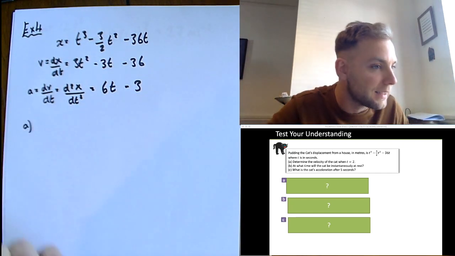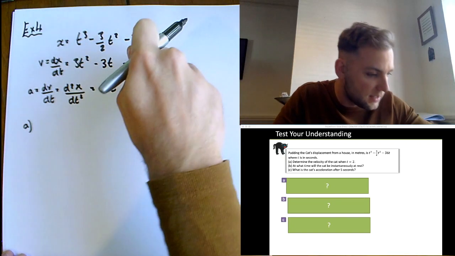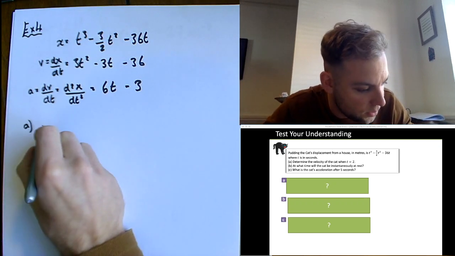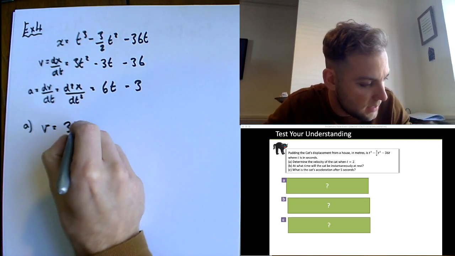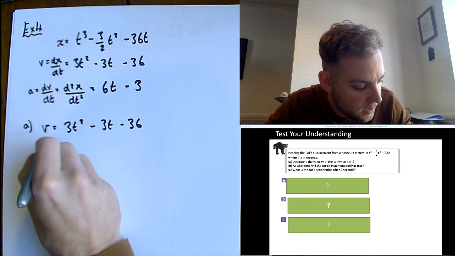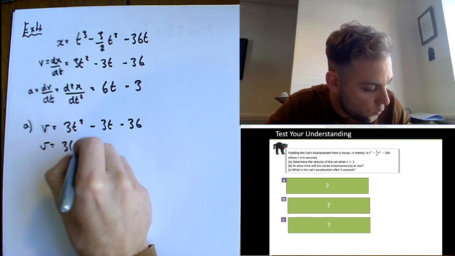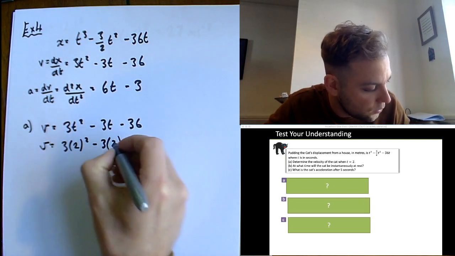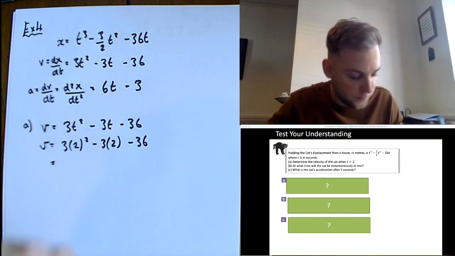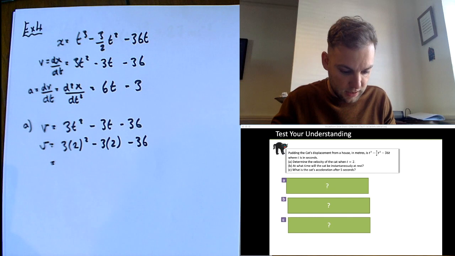Part A says, determine the velocity of the cat when t is equal to 2. The velocity is this one here, and we want it when t is equal to 2. So v is equal to 3t squared minus 3t minus 36, which is 3 times 2 squared minus 3 times 2 minus 36.